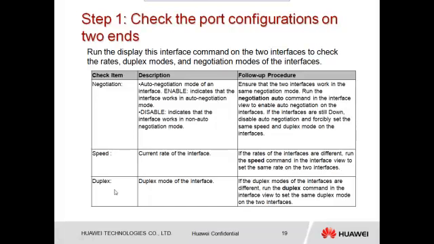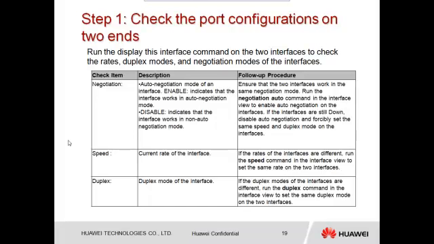Then, check the speed. The speed means the current rate of the interface. If the rates of the interfaces are different, run the speed command in the interface view to set the same rate on the two interfaces. Next, duplex. The duplex mode of the interface.